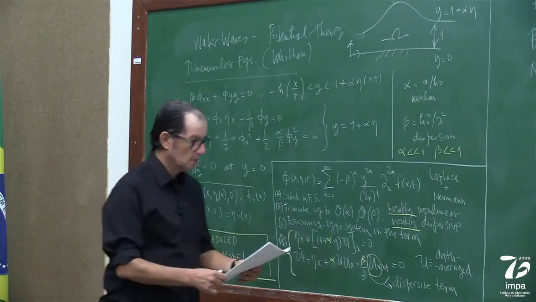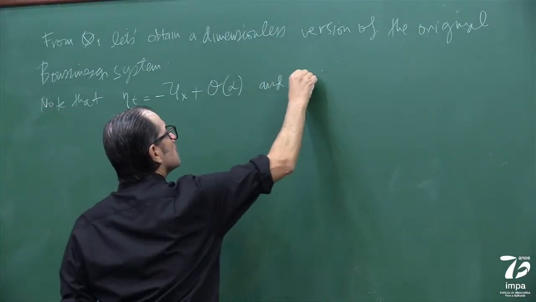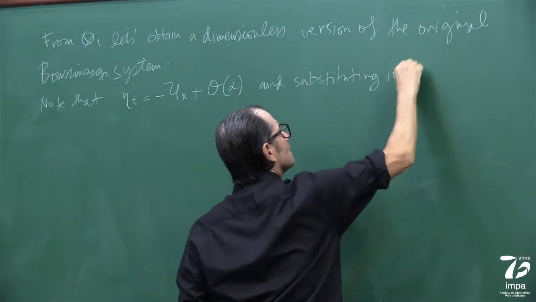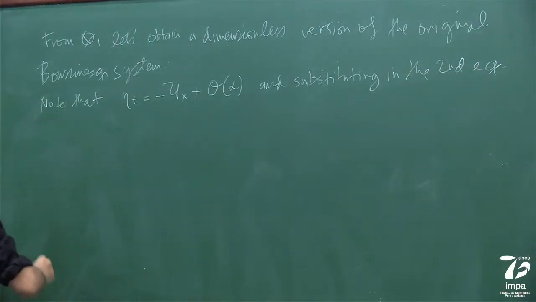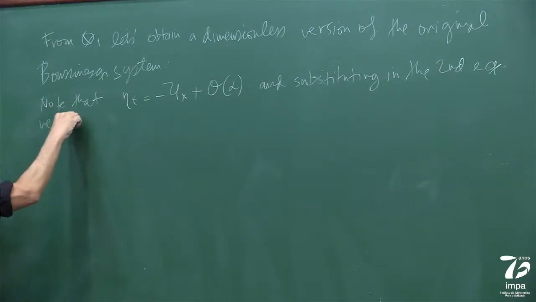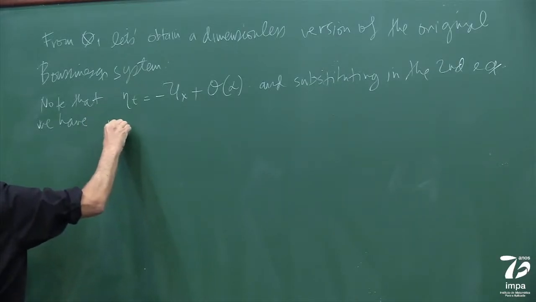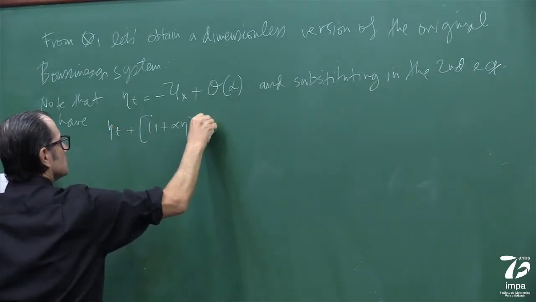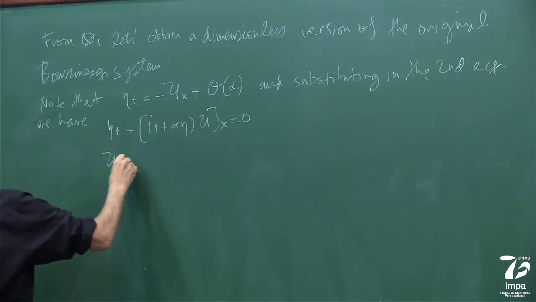Okay, so note that substituting in the second equation, we have the original Boussinesq system, which is like this, dimensionless. So the first equation is the same, and the second equation looks like this.